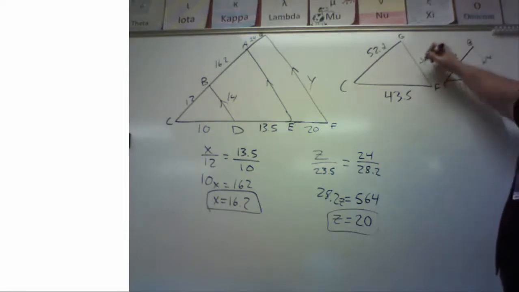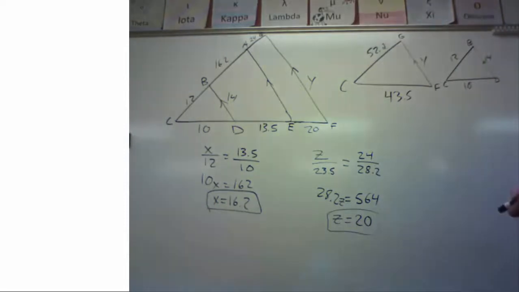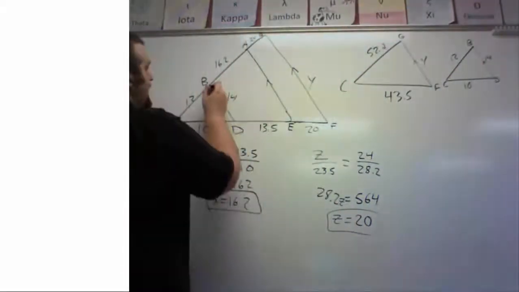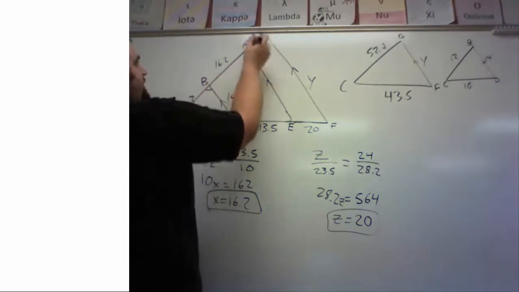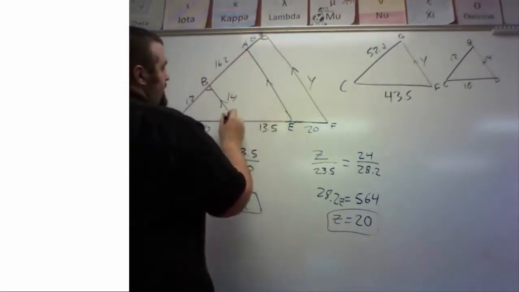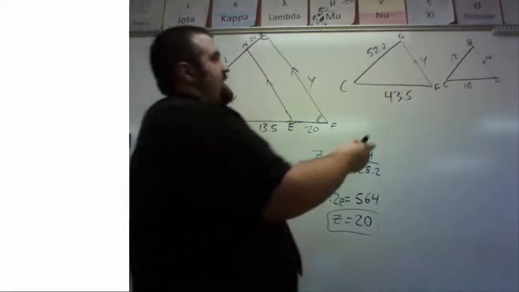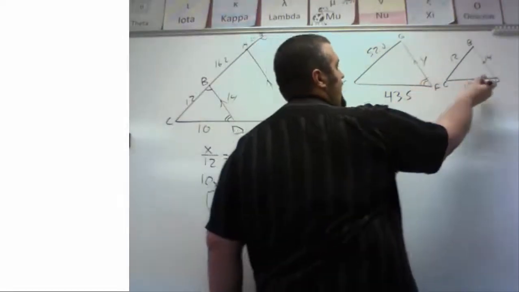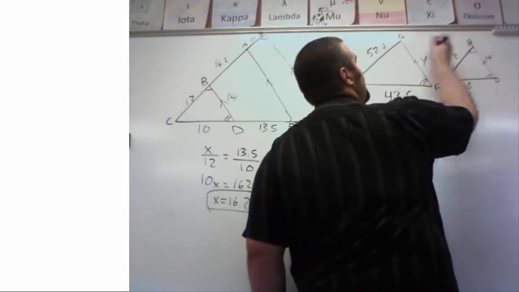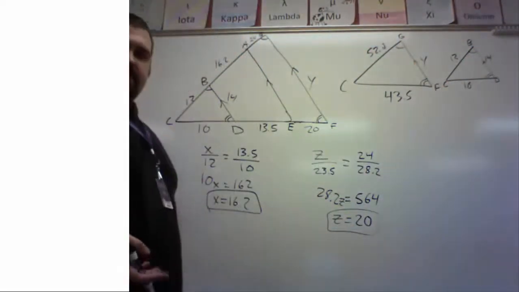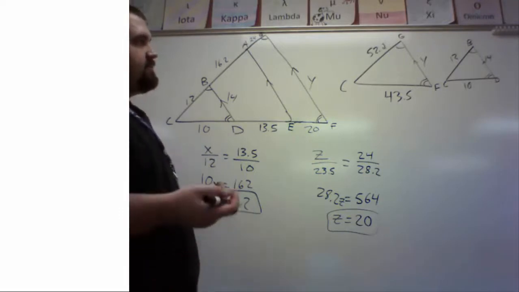I know that this one and this one end up being parallel. And if I do a little bit of work here, I could tell you that this angle and this angle are congruent. This angle here and this angle here are congruent. So I know that these two triangles here have to be similar by the angle-angle similarity postulate. So now all I have to do is set up the correct proportion.